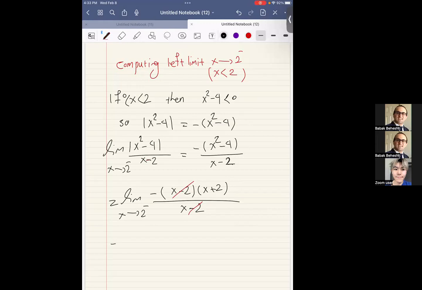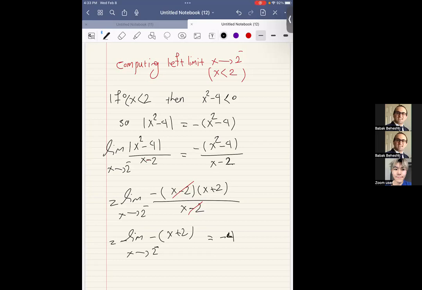So at the end we have the minus limit of x plus 2 as x goes to 2 minus. The 2 minus means x approaches 2 from the left-hand side, so it doesn't matter: x plus 2 is equal to 4 again. But here you have the minus sign, so it's minus 4.